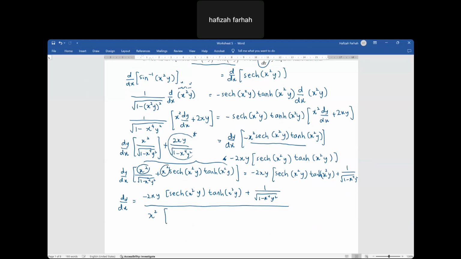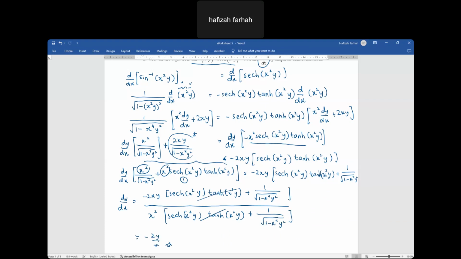This one would be secant hyperbolic x squared y tangent hyperbolic x squared y, and the second one is plus 1 over square root of 1 minus x to the power 4 y squared. You notice that we can cancel these two. So what we get is just negative 2y over x. So dy/dx equals negative 2y over x.